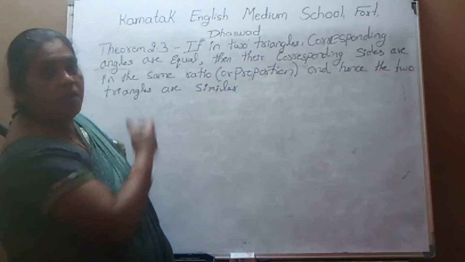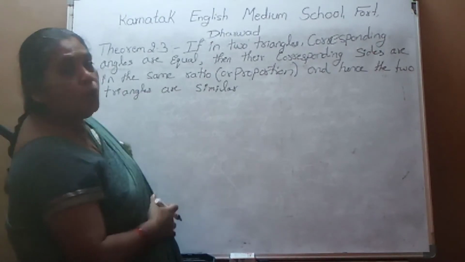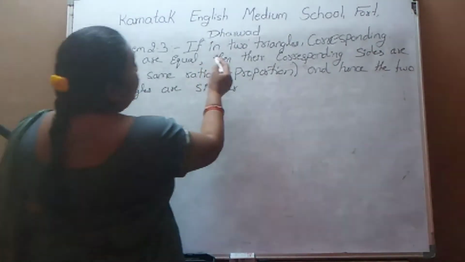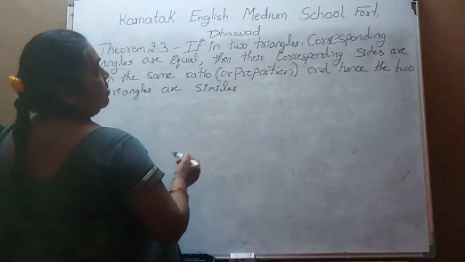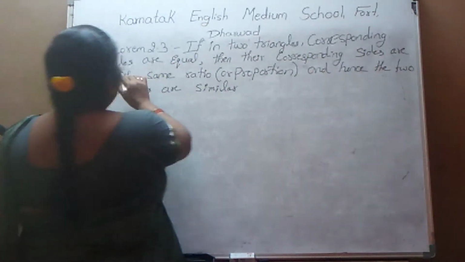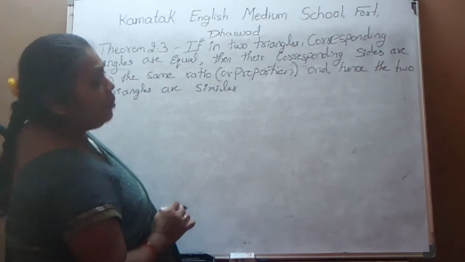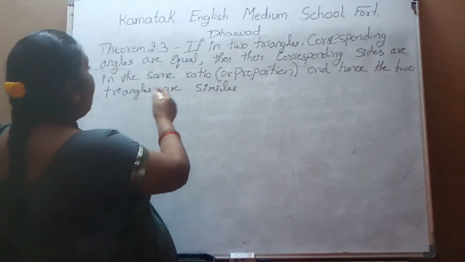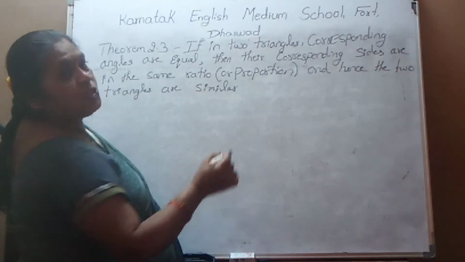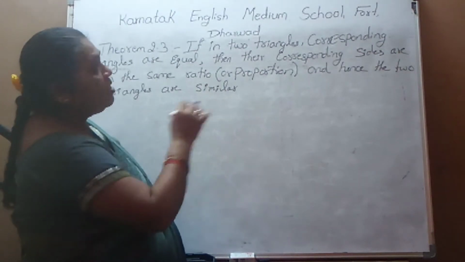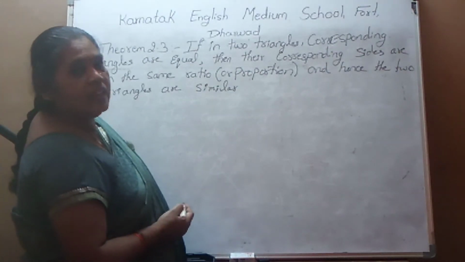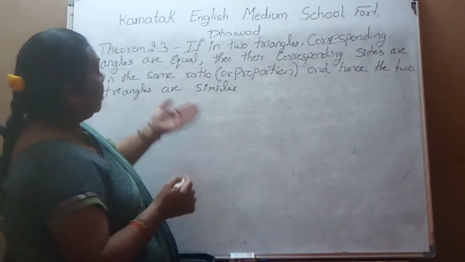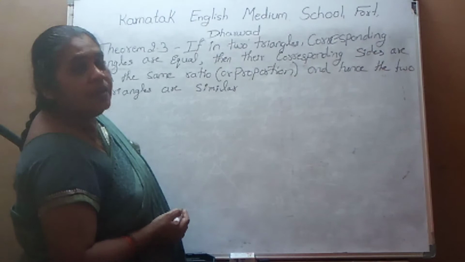So, now theorem number 2.3. If in two triangles corresponding angles are equal, then their corresponding sides are in the same ratio. You have to prove their corresponding sides are in the same ratio. Hence, the two triangles are similar.